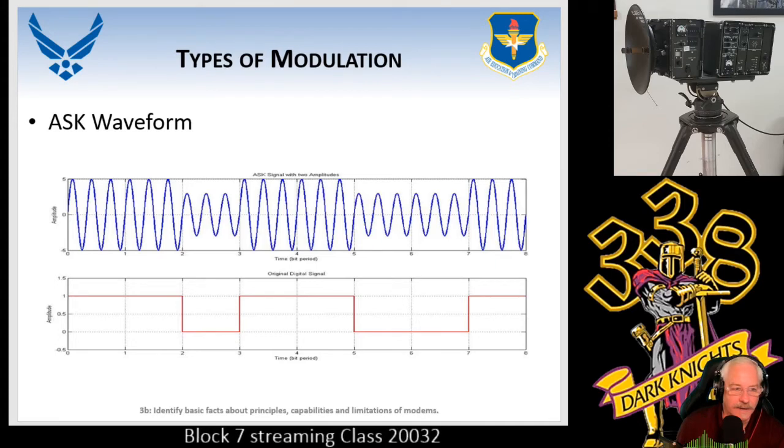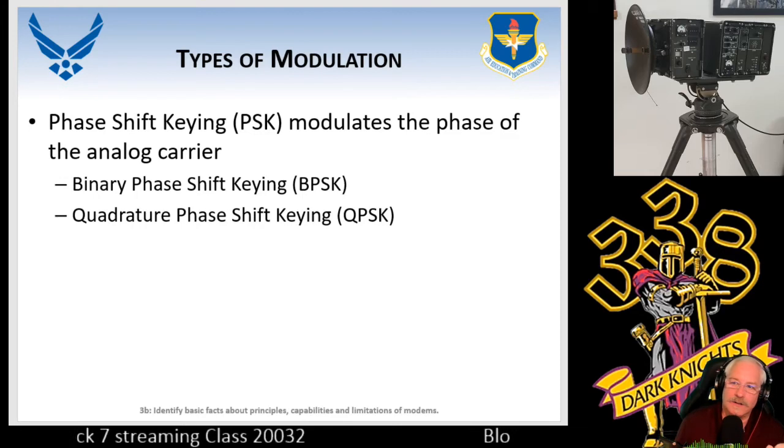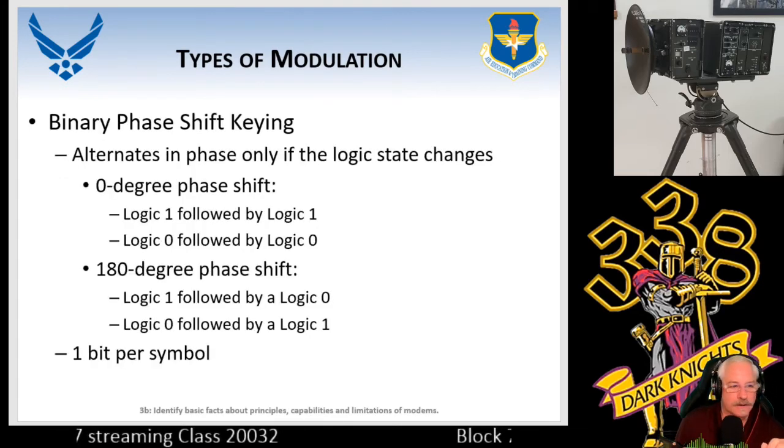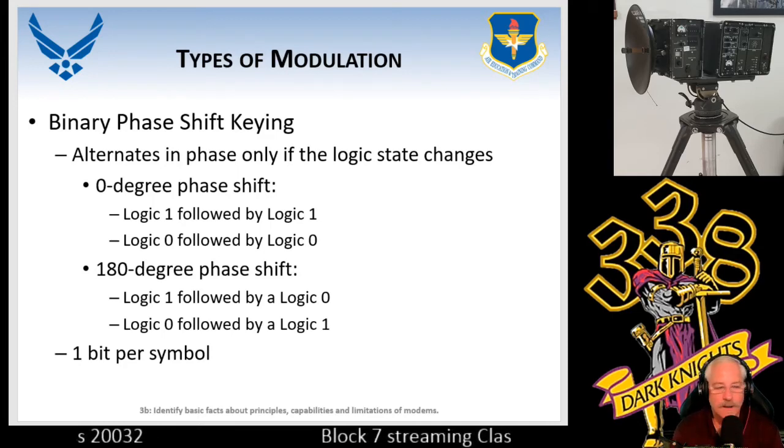That's ASK. Next up, we have something called phase shift keying, PSK. There are two different types that we go through. One's binary, the other one's quadrature. Let's take a look at the binary. This one is 1 bit per symbol. Now, the only time that it is really truly going to shift is when we change logics, and there's going to be a 180-degree phase shift with it.